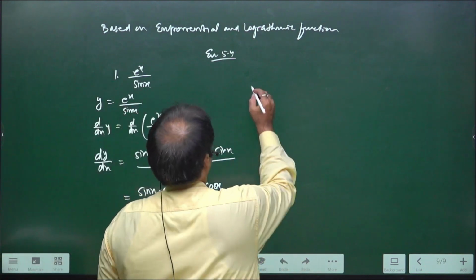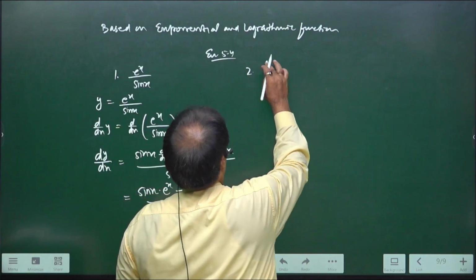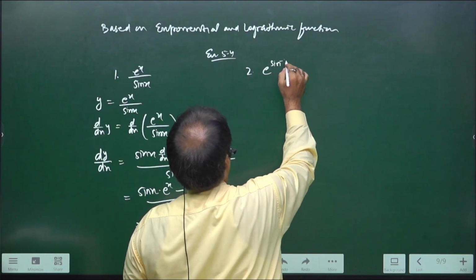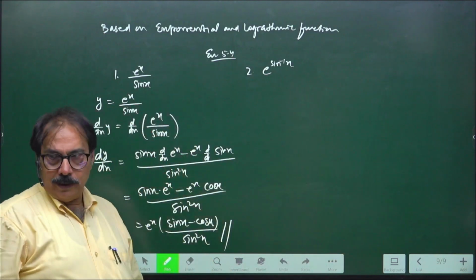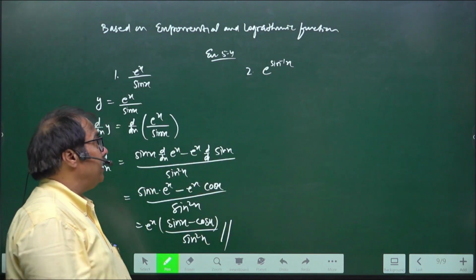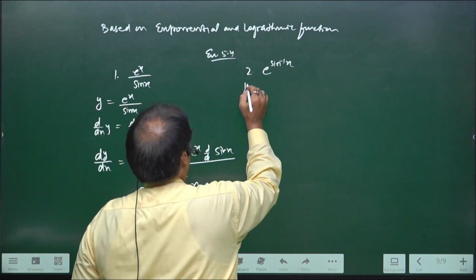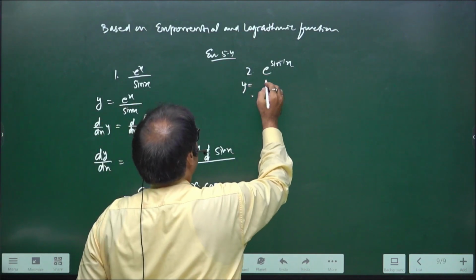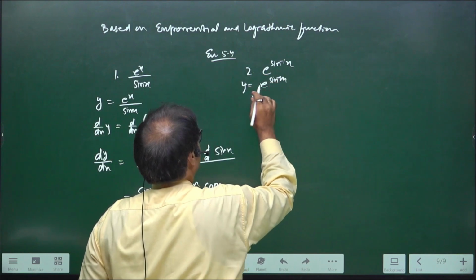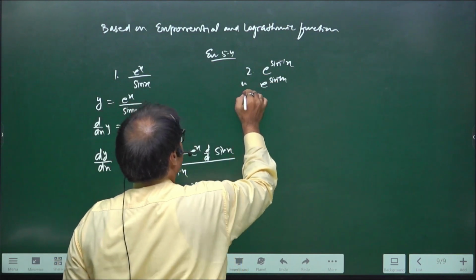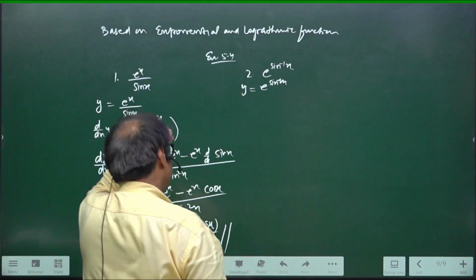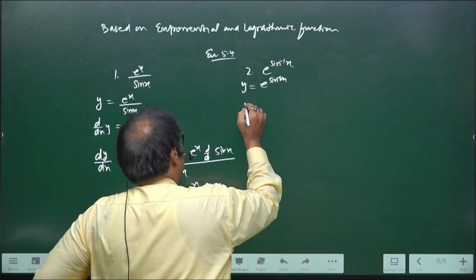Now the second is e to the power sin inverse x, right? This is the second question. So y is equal to e to the power sin inverse x. So differentiate with respect to x. So I am writing directly now.